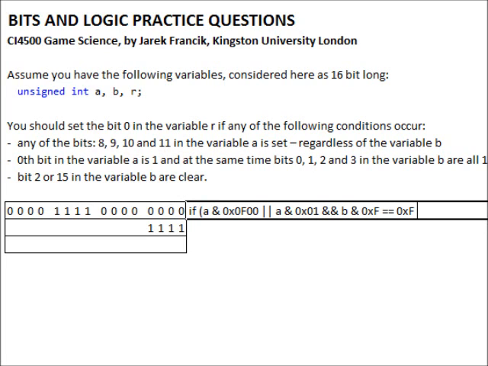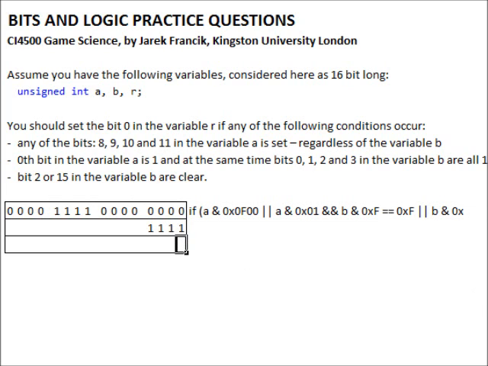We are now left with the last condition. Bit 2 or 15 in the variable b are clear. So once again we will connect this condition using the Boolean operator OR of the variable b and 0x. And now let's create the bit mask. This is bit 0, 1, 2.